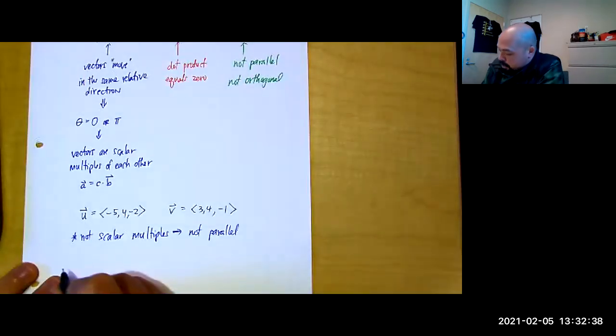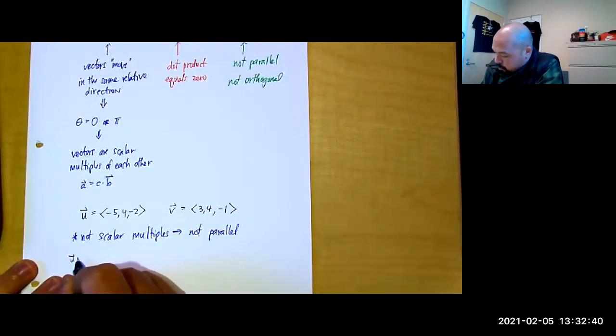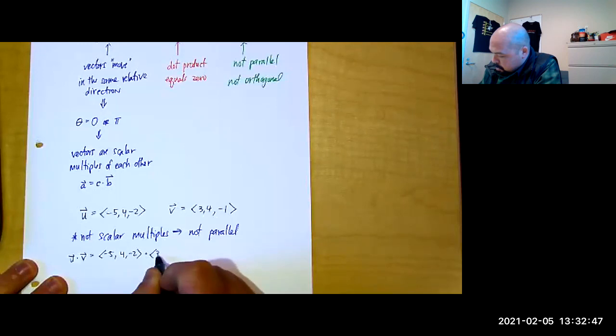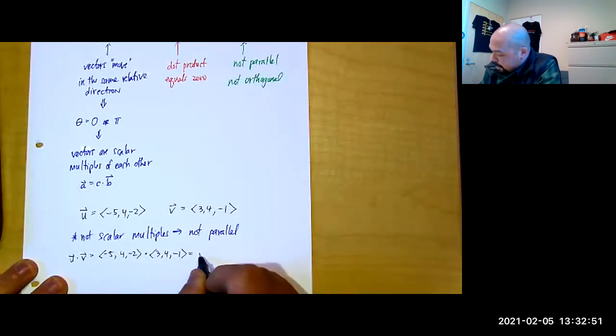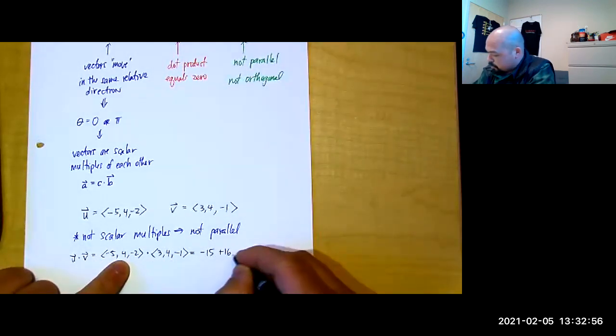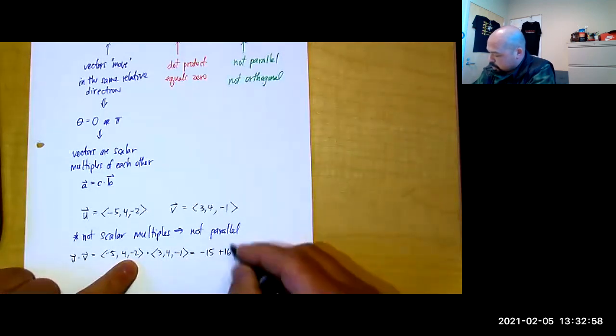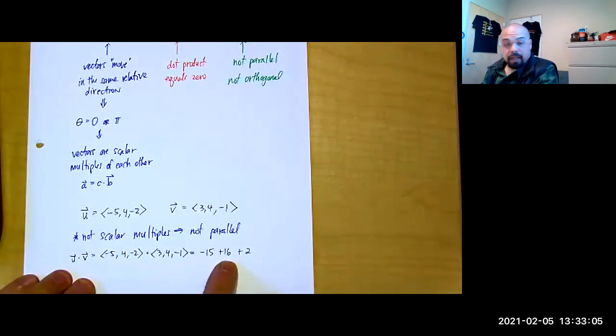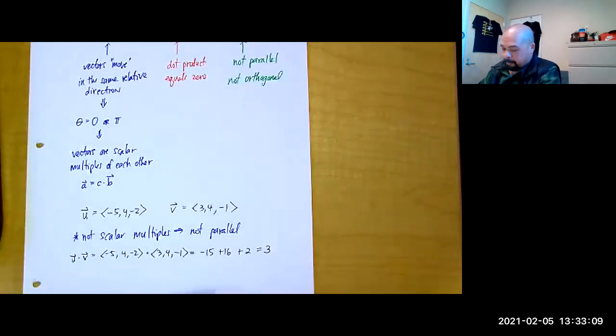All right, let's check out the dot product. Let's see how this looks. -15 plus 16 plus 2. Multiplying, then adding. -15 plus 16 is 1. 1 plus 2 is 3.